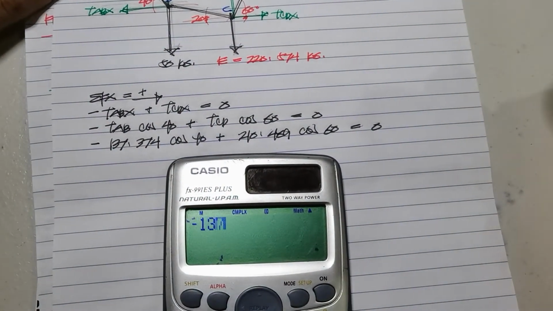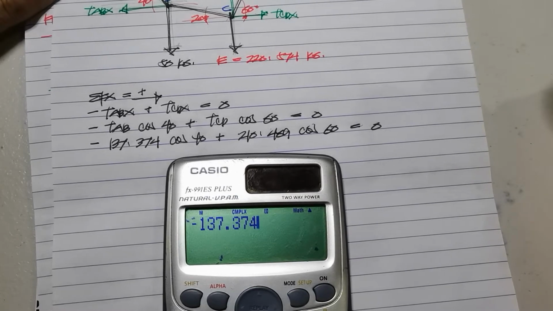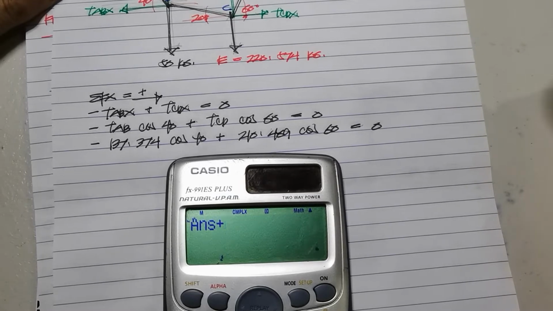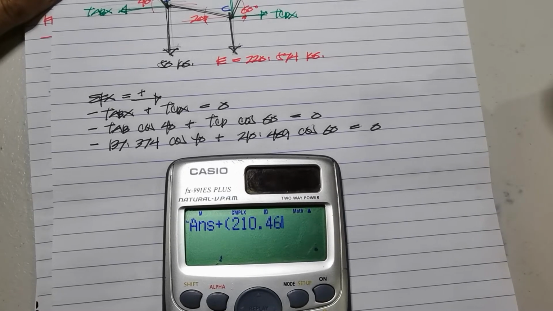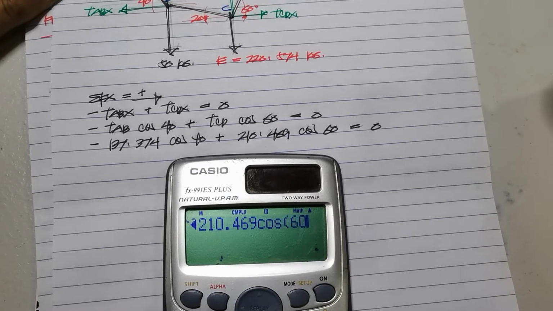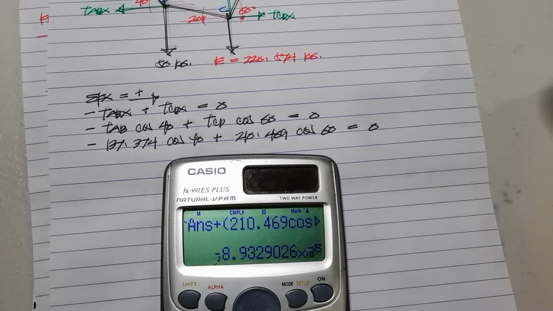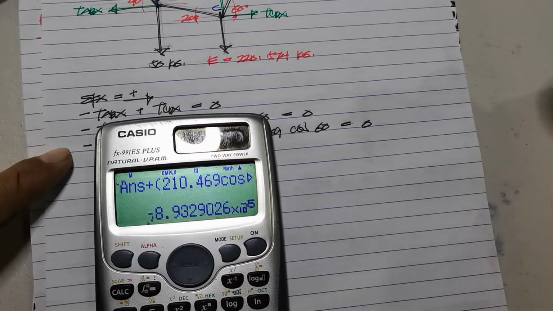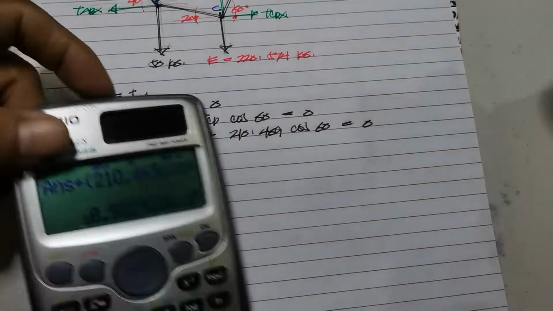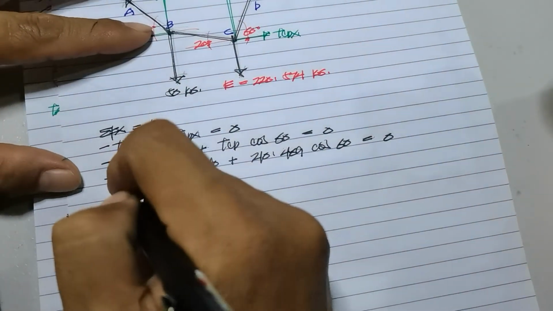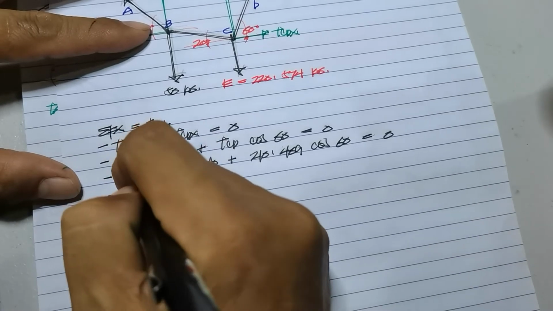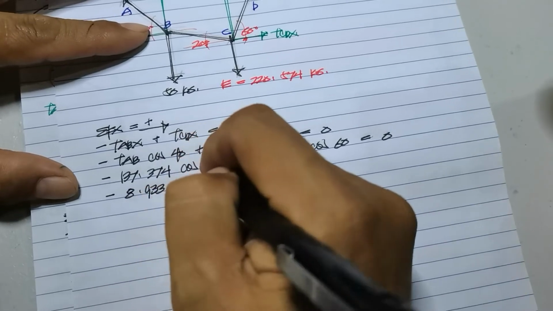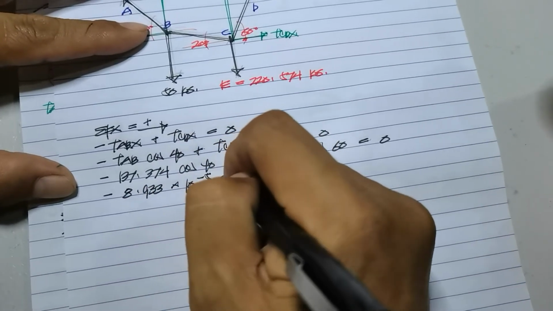Negative 137.374 cosine of 40 plus 210.469 cosine of 60. So, you get 8.933 times 10 raised to negative 5, or rather, negative 8.933 times 10 raised to negative 5, which is almost equivalent to 0.